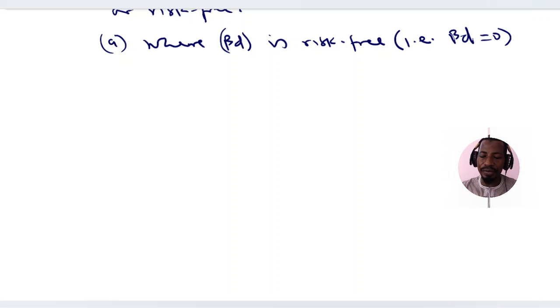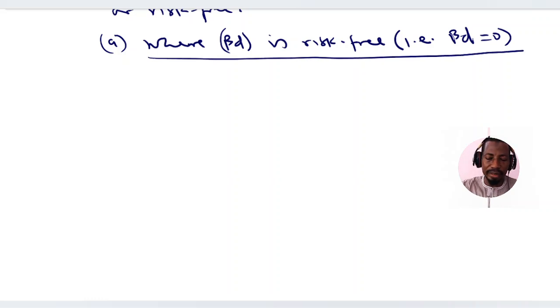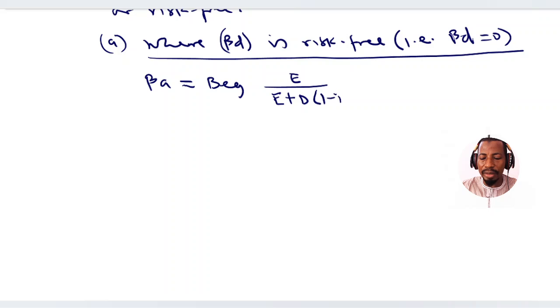So where, if you are told in the question that debt beta is risk-free, then in that case, asset beta, denoted as BA, will be calculated as the beta equity of a gear multiplied by equity value over equity plus debt multiplied by 1 minus tax. This is the formula that you are going to use to ungear, where debt beta is assumed to be risk-free.